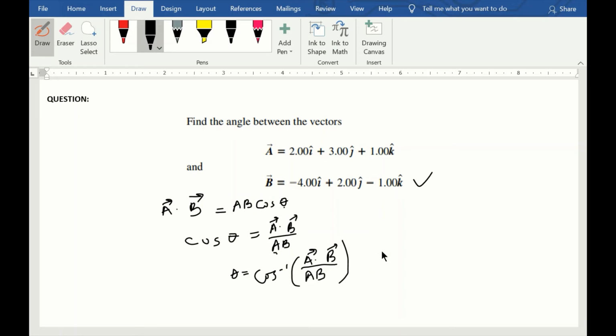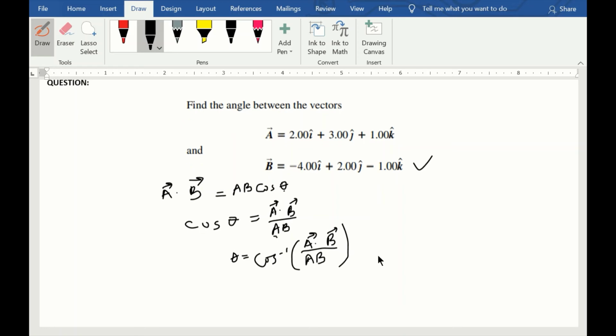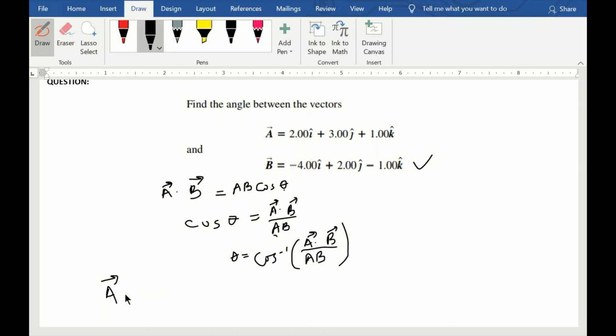So step one, I have to find my scalar product. Remember, A dot B can be solved by multiplying the corresponding components.